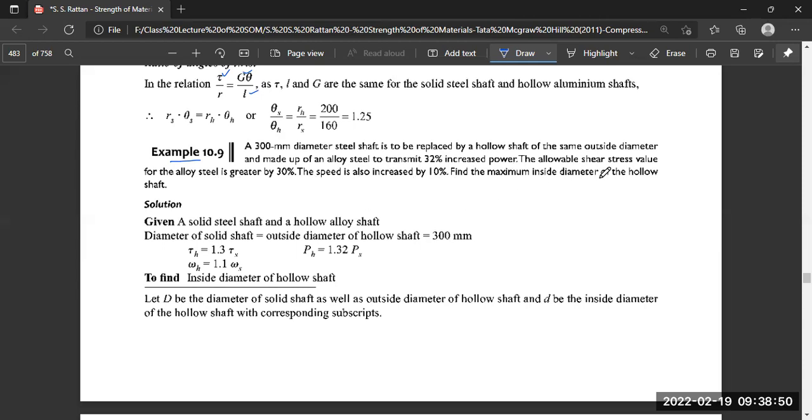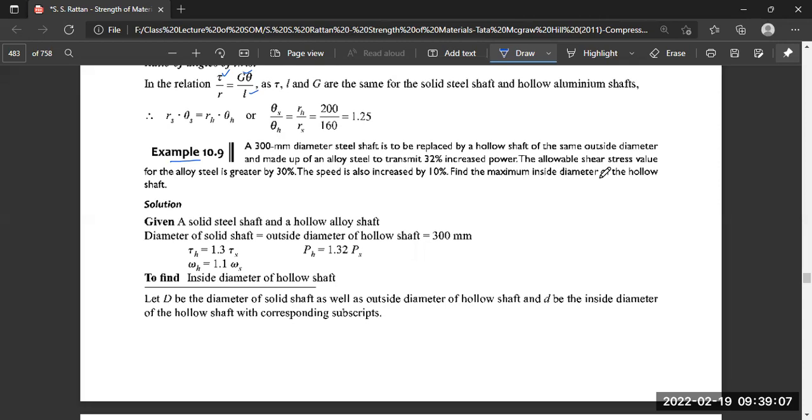Here, the same thing, another type of problem: the comparison between the steel shaft and the hollow shaft. What is given is not numerical values, but the relation between various factors of both these shafts.